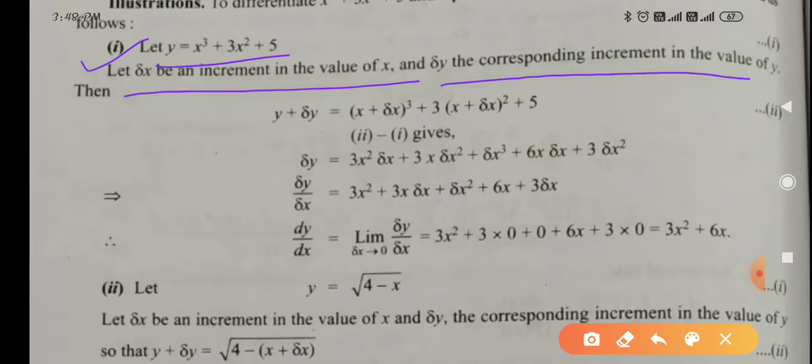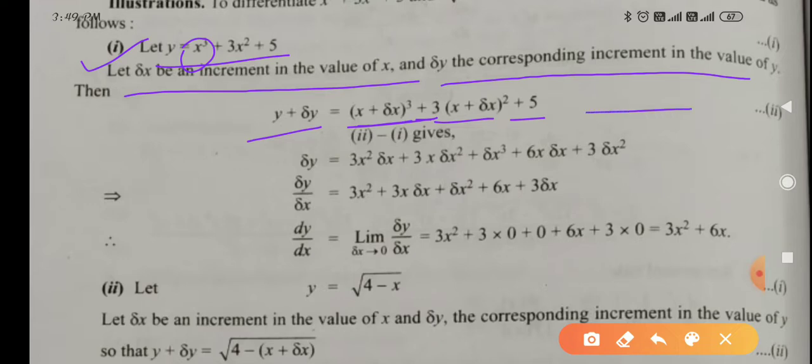So y plus delta y equals, wherever x is there in the given function, in place of x you put x plus delta x. So x cube becomes x plus delta x whole cube, plus 3x square becomes 3 into x plus delta x whole square, plus 5.